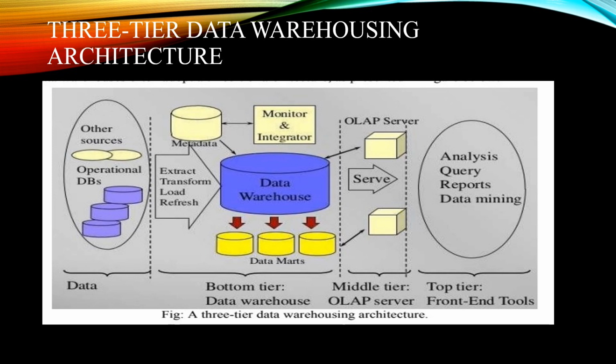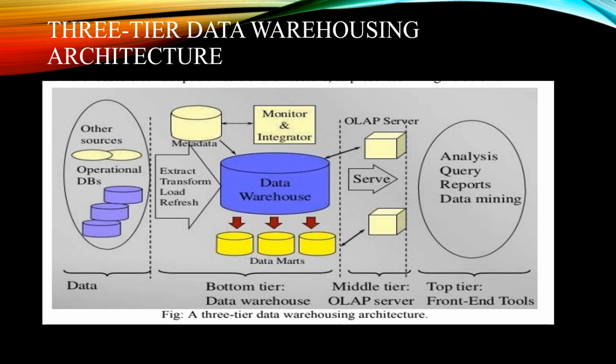Middle tier. It is an OLAP server that is typically implemented using either relational OLAP or multidimensional OLAP. Relational OLAP is an extension of the relational DBMS that maps operations on multidimensional data to standard relational operations.